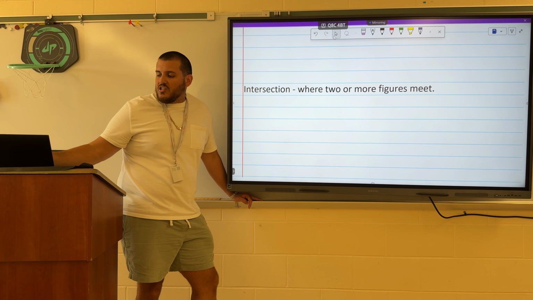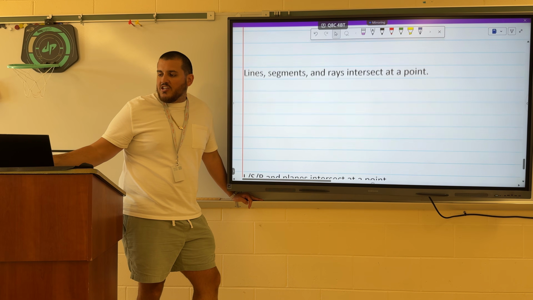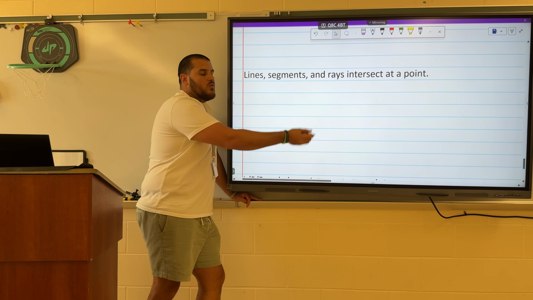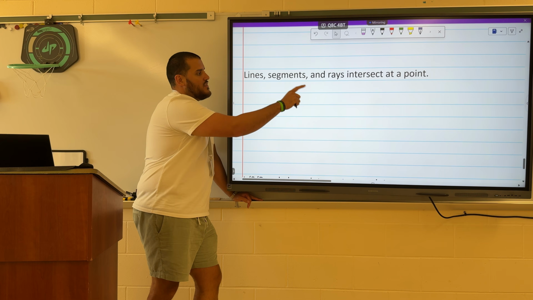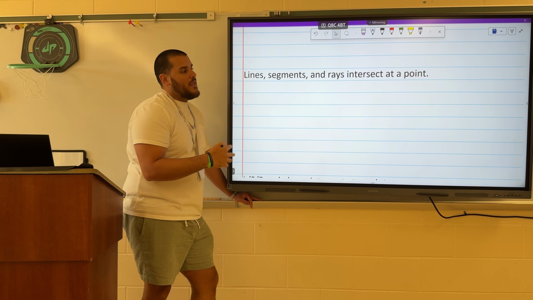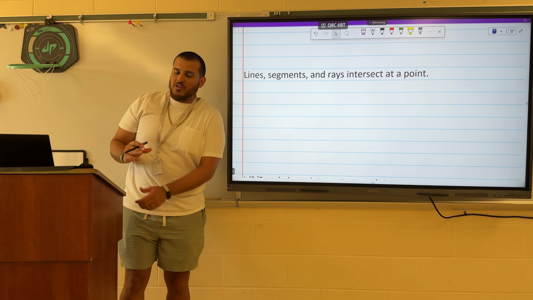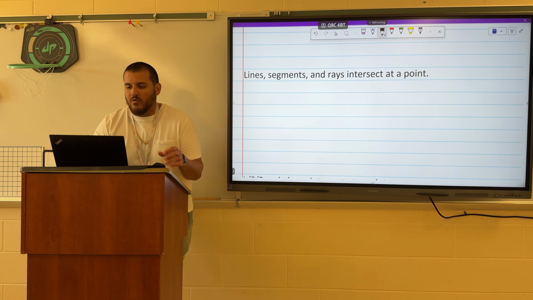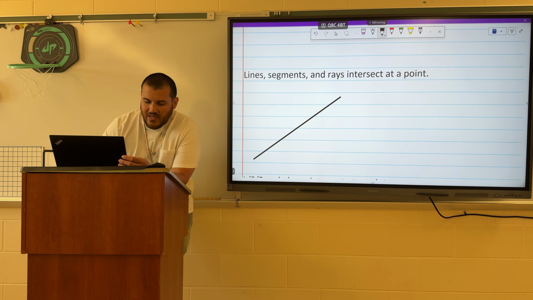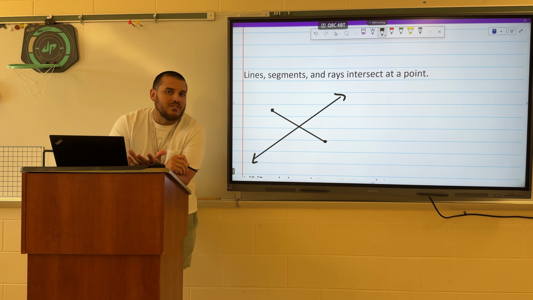So the first intersection we're going to look at is an intersection between a line, segment, or ray. So if any of these things meet each other, they meet at exactly 1 point. Let me draw an example of that for you here. So this is a line. This is a segment. And remember, an intersection is where those things meet.